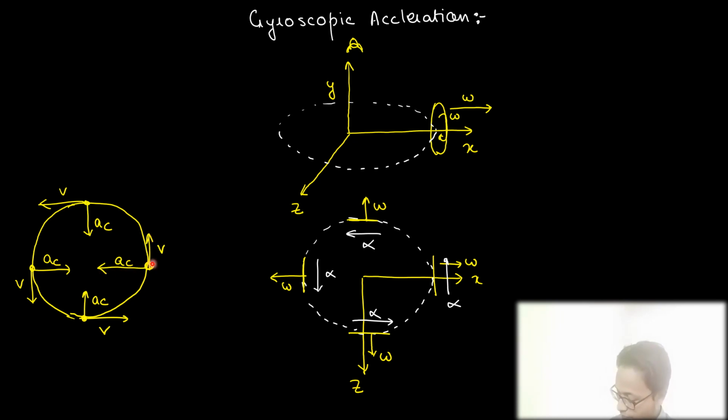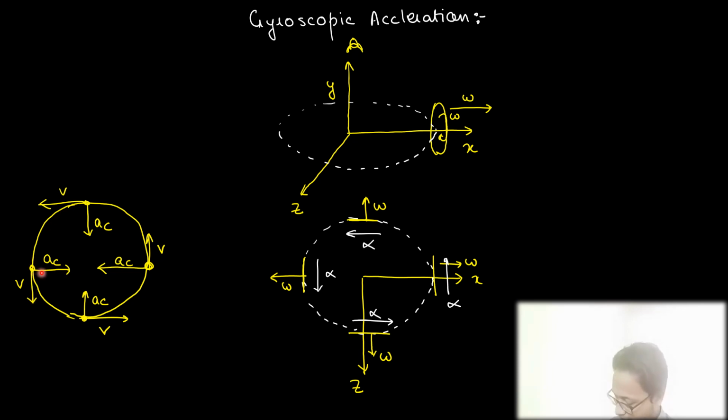See one more thing. The acceleration vector will always try to change the velocity vector towards itself. See, the acceleration vector is towards this direction, so after a certain while, the velocity vector becomes in this direction. Out here, the acceleration vector is in this direction, so after a certain while, the velocity vector becomes in this direction.